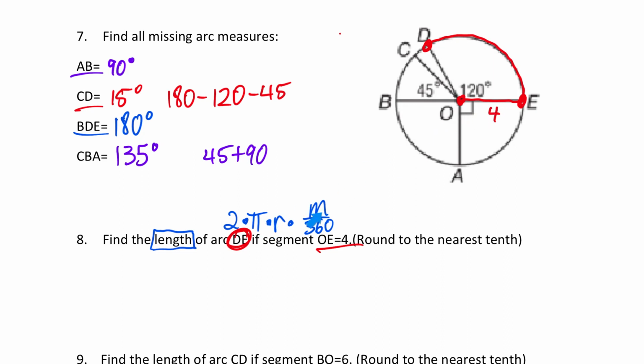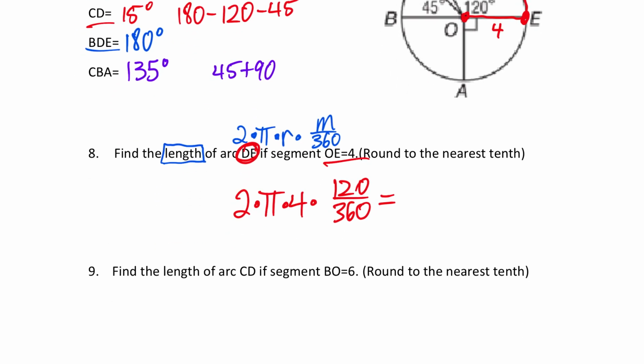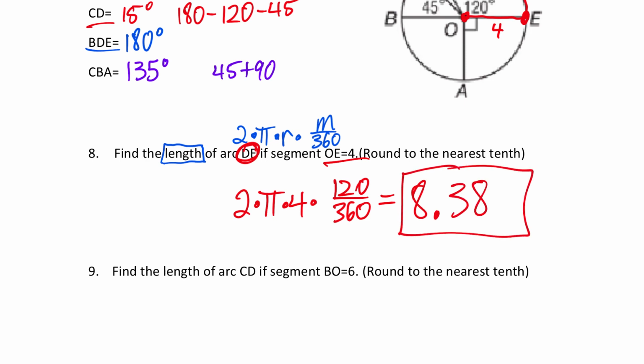And what's the M going to be? It's going to be the 120 right here. Remember, the M is the measurement of the angle that makes that arc. So it's going to be 2 times pi times 4 times 120 over 360. It's going to give you 8.38, and no units on there.